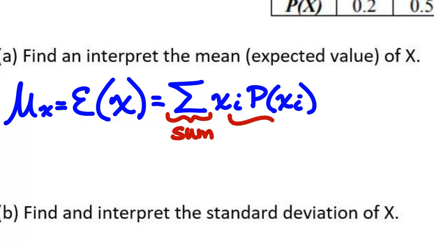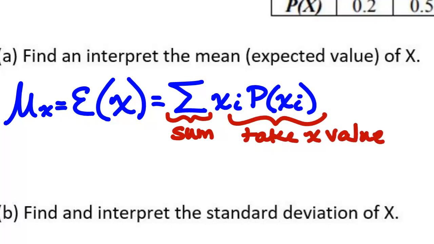This part back here says take the X value times its probability.